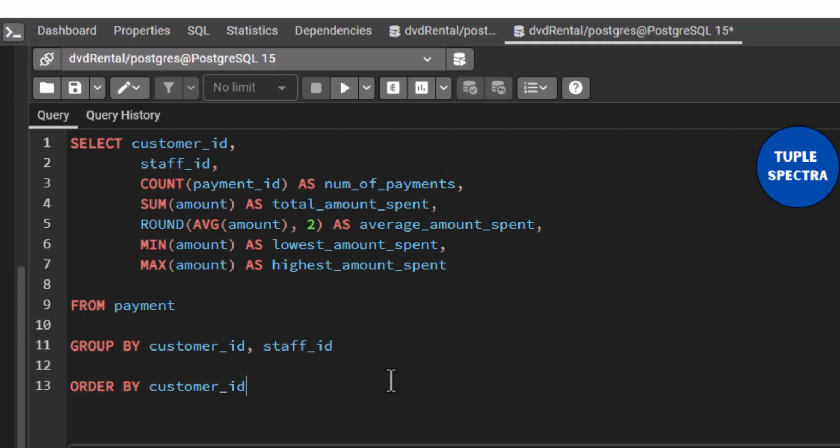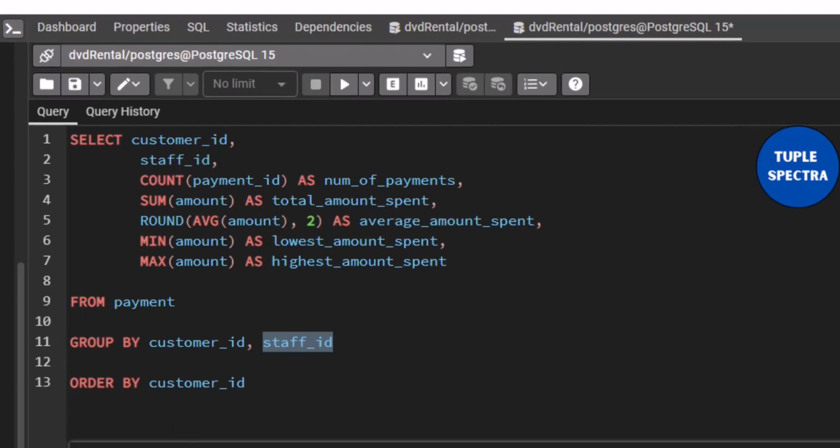So now we are grouping by both customer ID and staff ID, just like I showed you in the previous presentation, where I grouped by name and also by fruits.